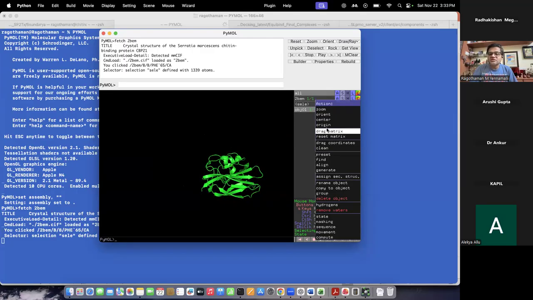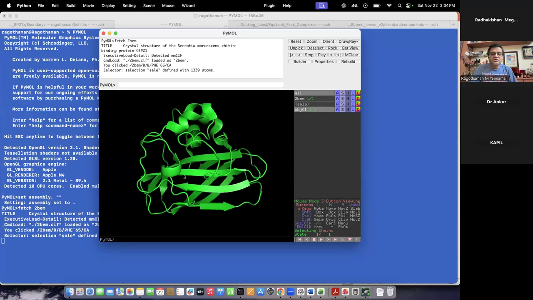So this is a protein structure, shown in cartoon representation.